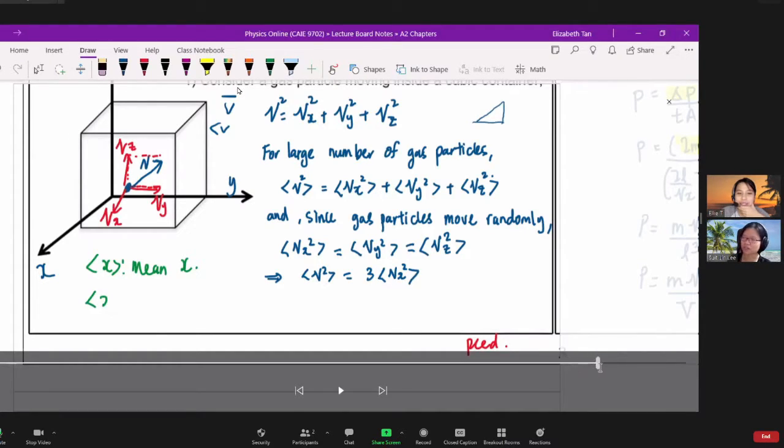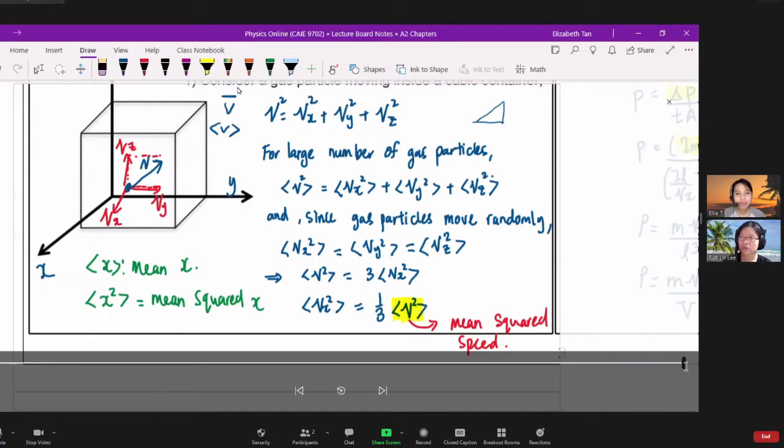I'm just going to write down the notation here. Whenever you see that mean angle bracket and a square, that means mean square speed, because V is speed. Notice the way I write the speed looks a bit weird. I put a curl like a V for this speed, because there's volume and there's gas particle speed.